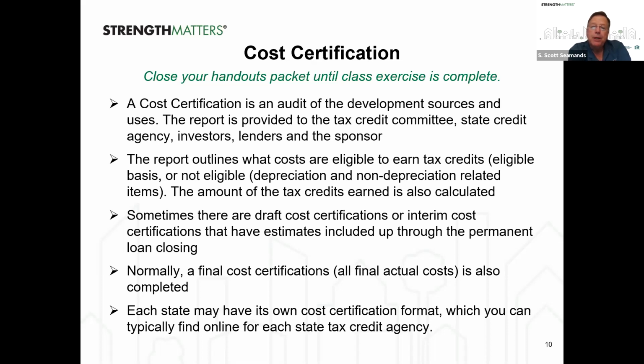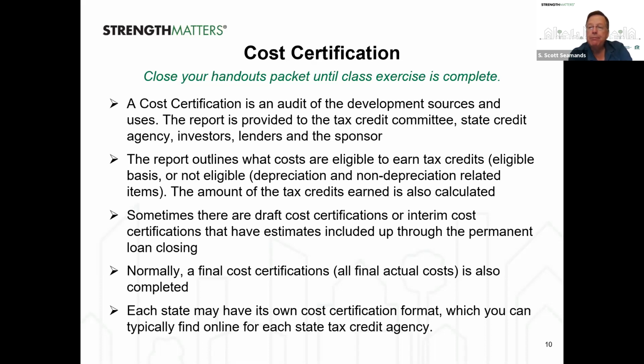So what we're going to show you today is a Massachusetts version. It may have no resemblance whatsoever to your state's version of a cost certification, but the important thing is that they all are trying to do the same thing. So hopefully you'll see the value of the one we're going to show you today. But the idea of a cost certification is the development costs, which are all of the costs incurred up until the permanent loan closes.